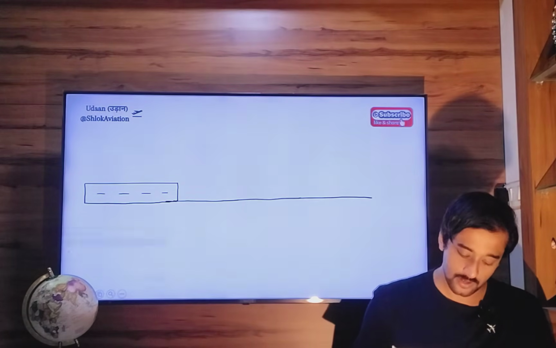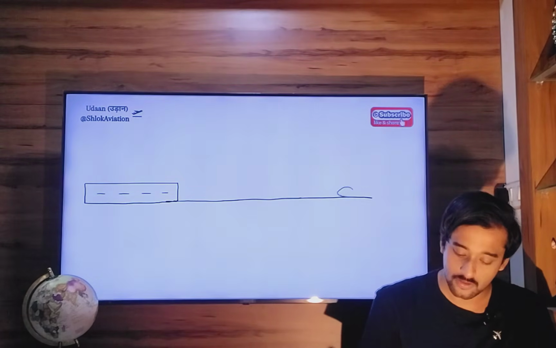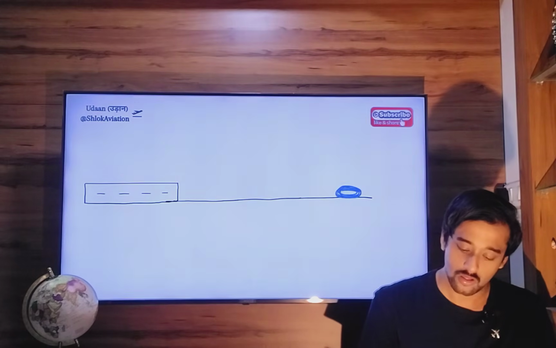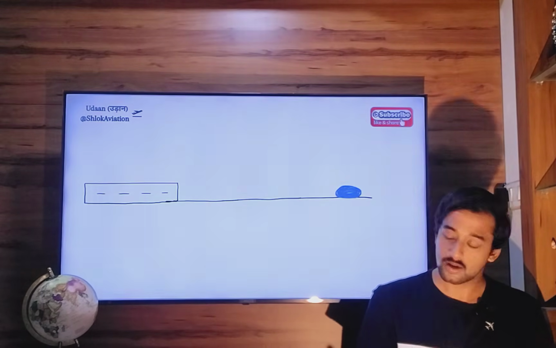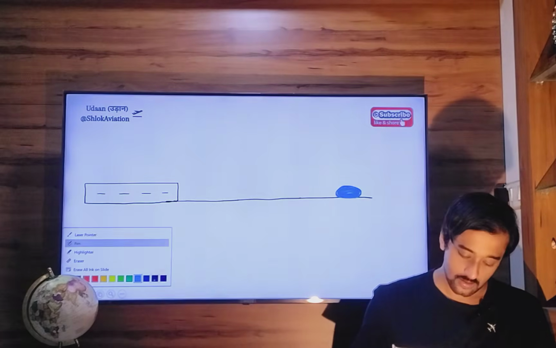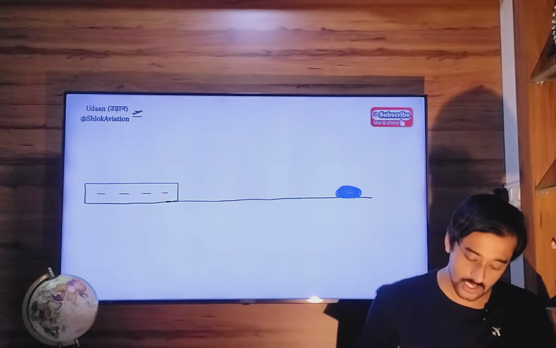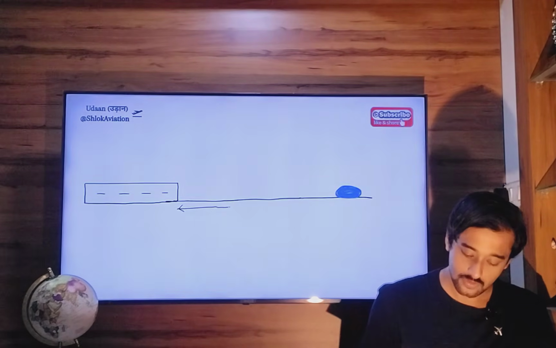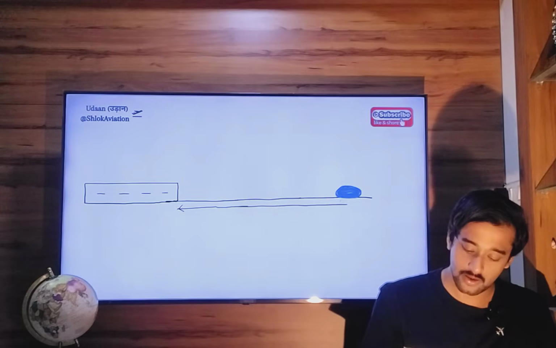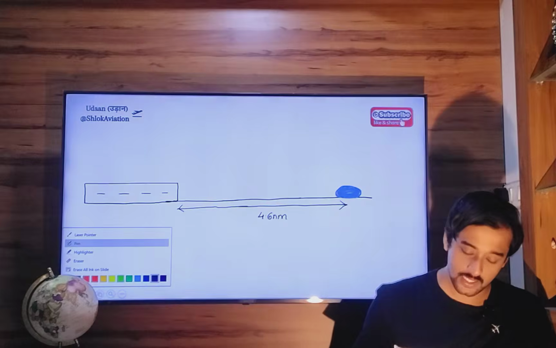On this ground surface there is a blue outer marker. That blue outer marker is located 4.6 miles from the runway. A 3-degree glide path is there.